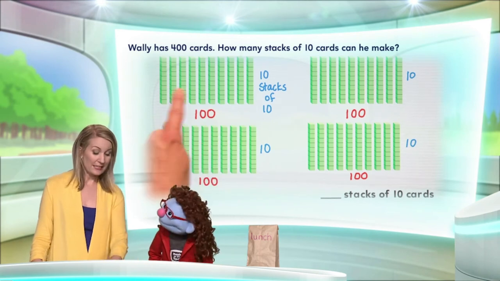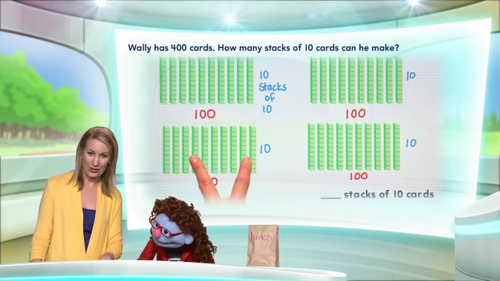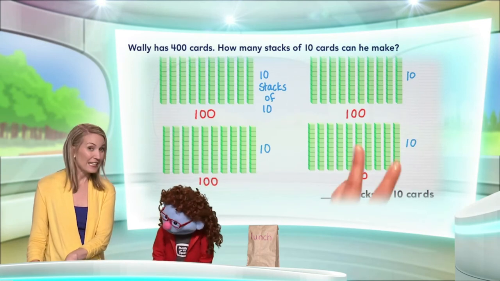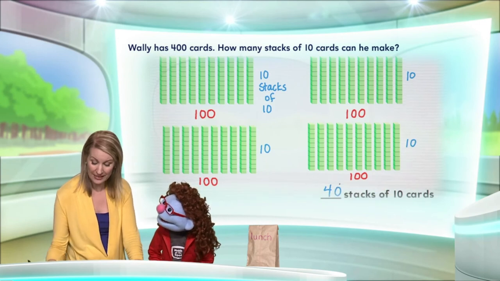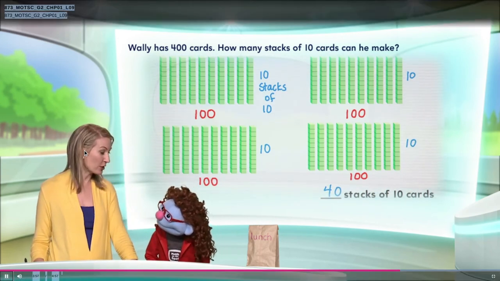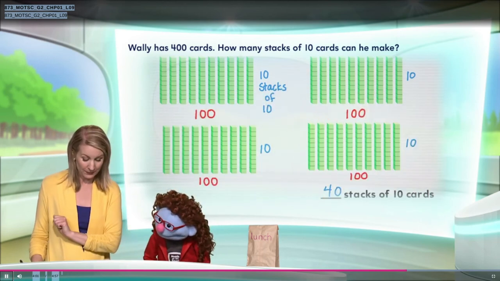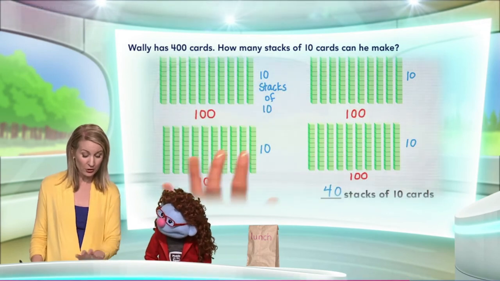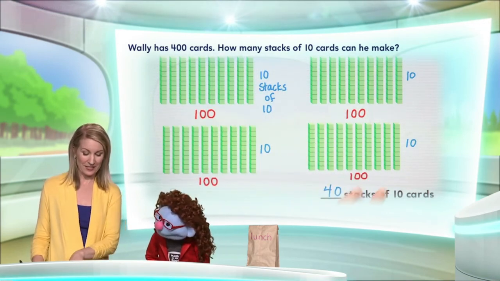So, if this is 10, 20, 30, 40. So the answer to the question is he can make 40 stacks of 10 cards with his 400 cards. So there are 400s or 40 stacks of 10.